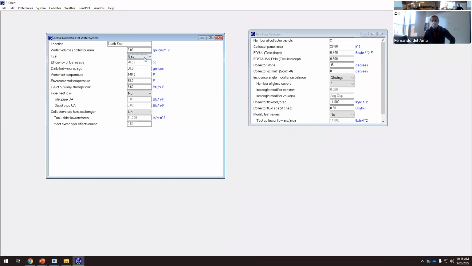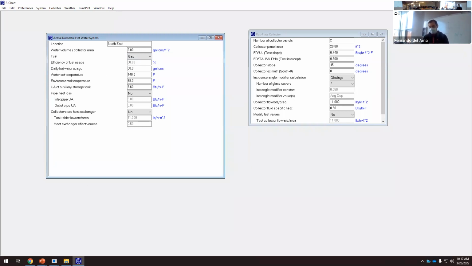Then the efficiency of fuel usage. That depends on the specifications of this boiler. 70 is too low. I think 80 is better. But again, we have to look at the specifications of the boiler, the efficiency: 80, 85, 79, whatever. So I think 80 is good.